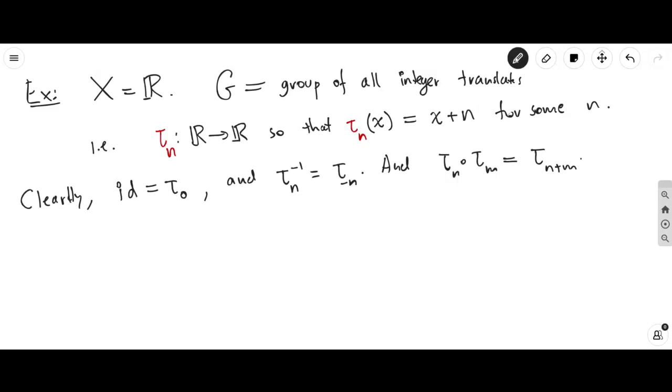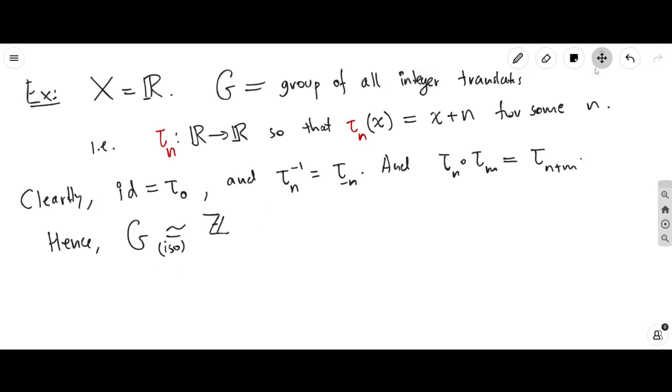So what this shows is, hence, the group of all integer translations is isomorphic, as a group, to the group of integers, right? Because as you can see, the way composition works, if you take two translation maps and you compose them together, that's the same thing as adding things together. So it's behaving exactly like the usual group of integers.